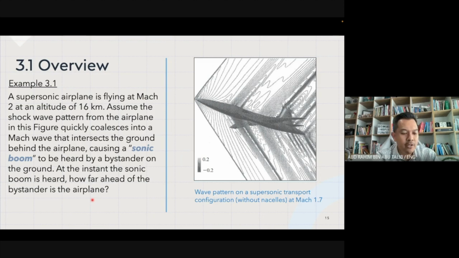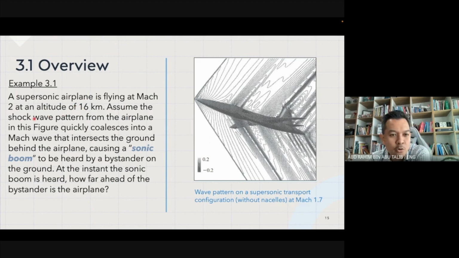Before we go into the next subtopic, let us look into an example given in the Anderson book, example 9.1. So imagine a supersonic airplane, as shown in this particular figure, traveling at Mach 2 at an altitude of 16 kilometers.